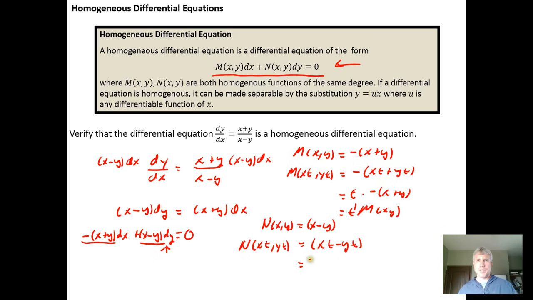Clearly the t factors out front, and we get t times (x minus y), which is just t times the original function. And this is t to the first, so the function N of x, y is homogeneous of degree 1. So because this differential equation can be written in this form, with M and N being homogeneous of the same degree, this differential equation is a homogeneous differential equation.